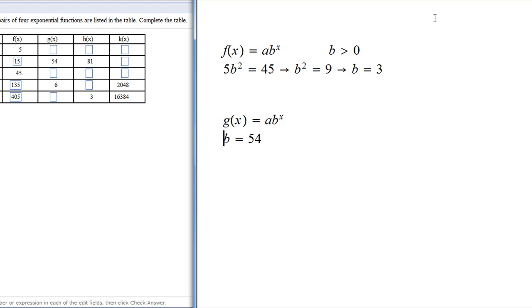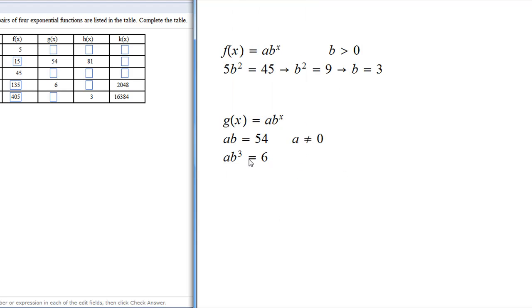So you have AB equals 54, and then you have AB cube equals 6. If I divide this equation by the equation above, and assuming that a is not equal to 0, we have to assume that, because if a is 0, we don't have really much to talk about anyway.